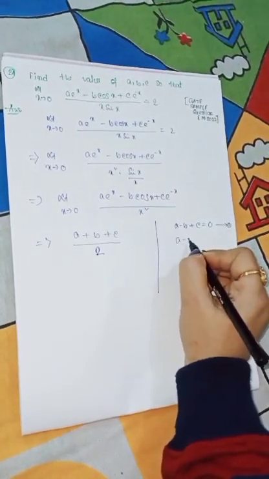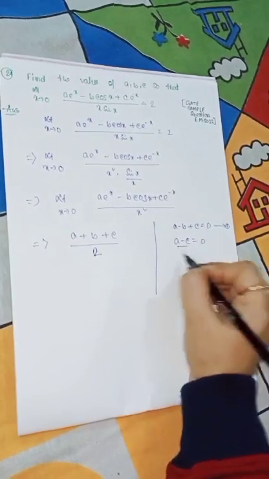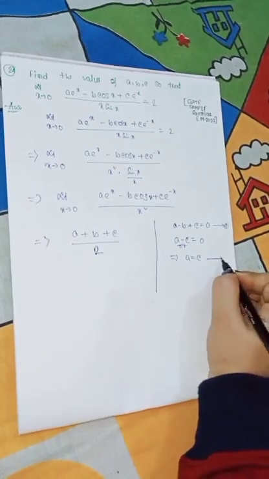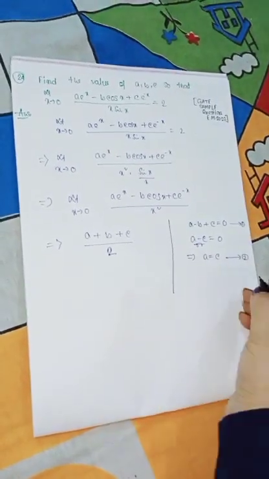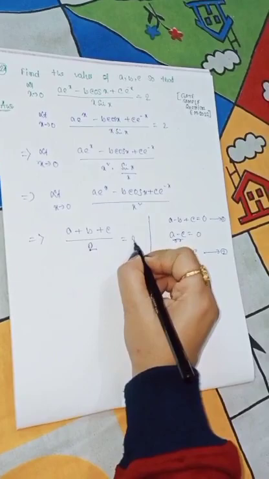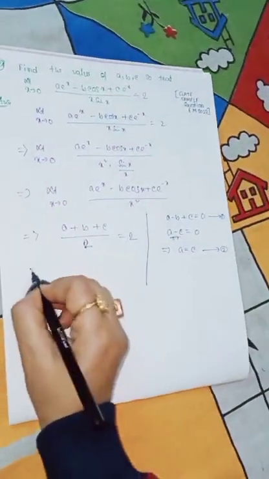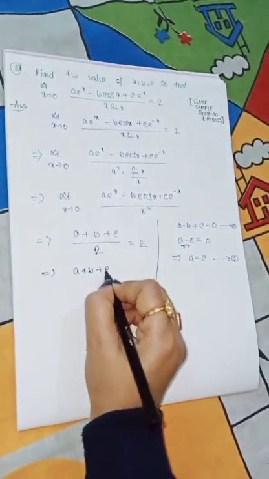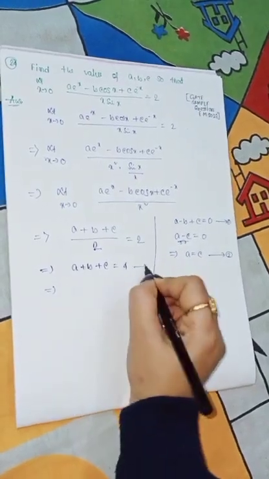The first derivative condition gives a minus c is equal to 0, so that implies a is equal to c. It is equation 2. Now this is 2 as given, so a plus b plus c is equal to 4, it is equation 3.